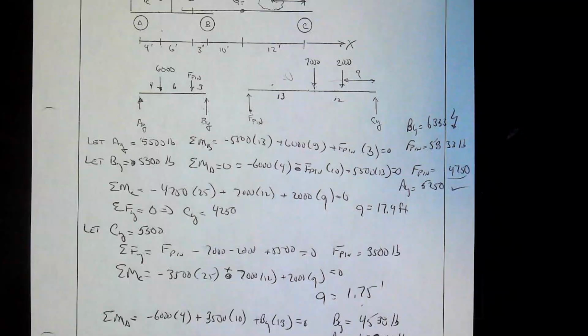We'd get F pin is 3,500. All right, no problem there. But what's the positioning associated with that? Summing moments at C, we would have minus 3,500 times 25, plus 7,000 times 12 plus 2,000 times Q equals 0. Come up with Q is 1.75 feet.